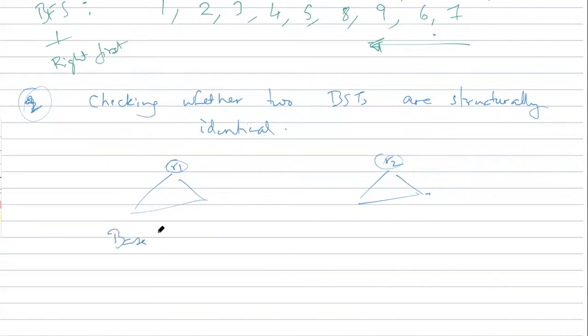The base case being if R1 is equal to null pointer and R2 null pointer, right? Then it is returning true.